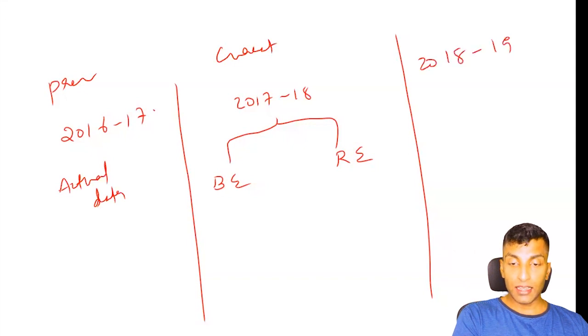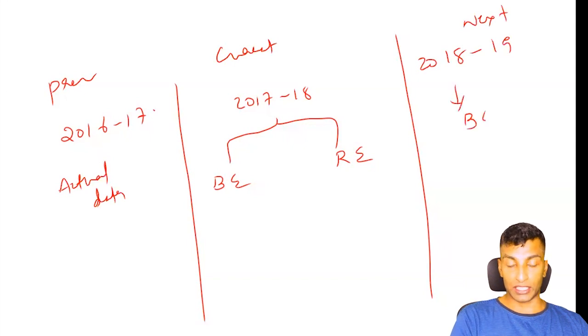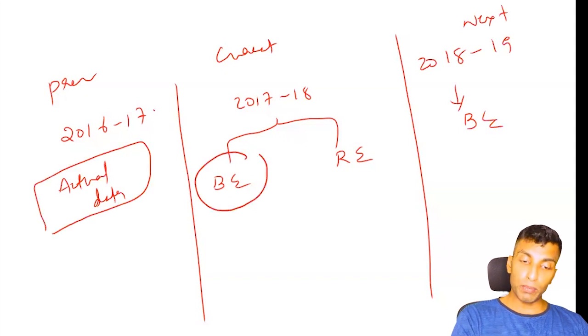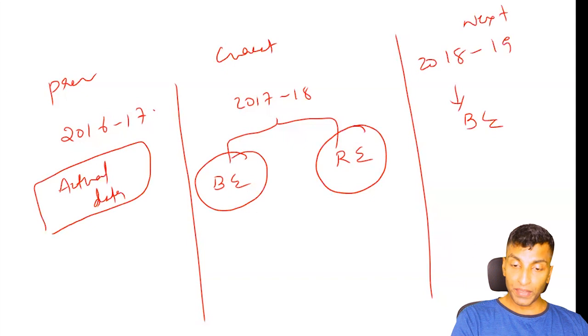2018-19, this is the next year. So what will be this column? This is the budget estimate. So you can see here, for the previous year you will get the actual data, the correct one. Here there will be two, budget estimate and revised estimate, and then here for next year the budget estimate. You will just extend it.